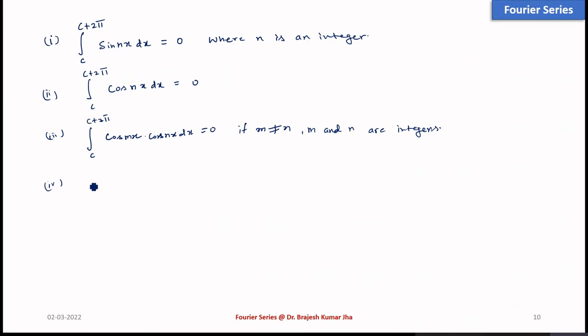Next formula, integration again from c to c plus 2 pi of sin mx into sin nx dx is also 0, and the same condition holds if m is not equal to n. Now take the condition that m is equal to n, and m and n are integers.